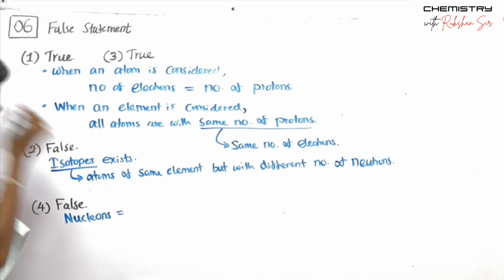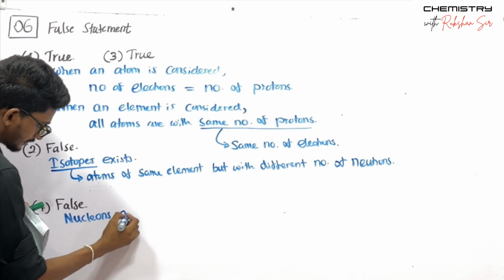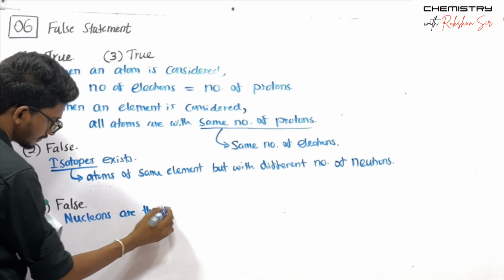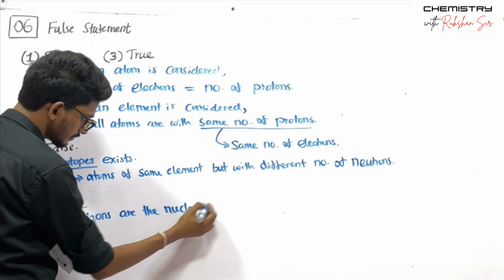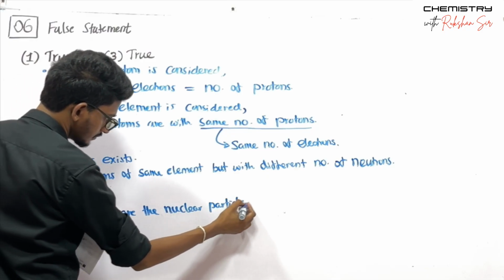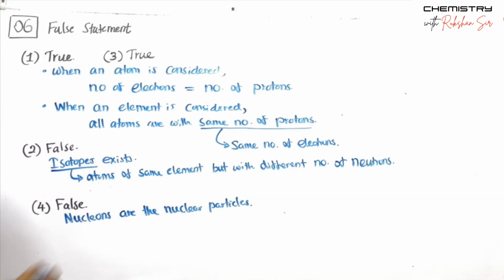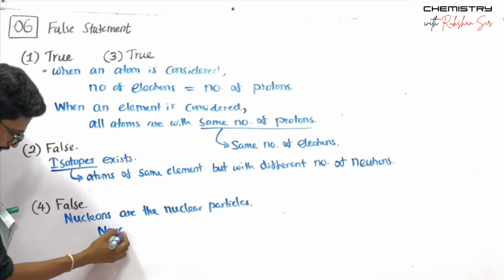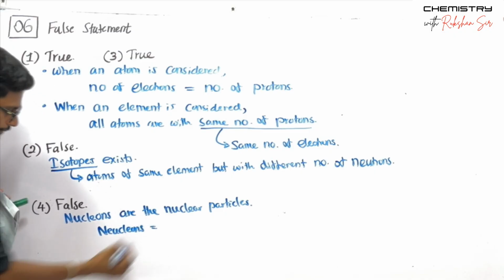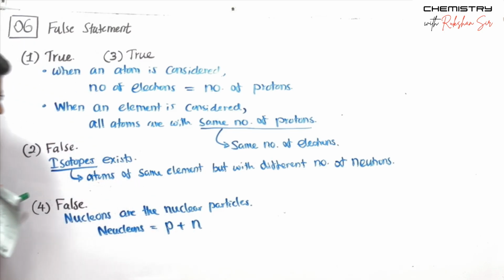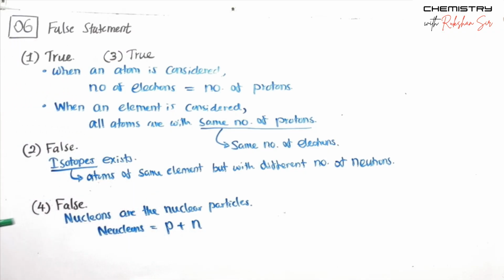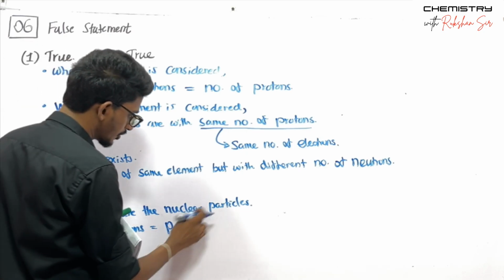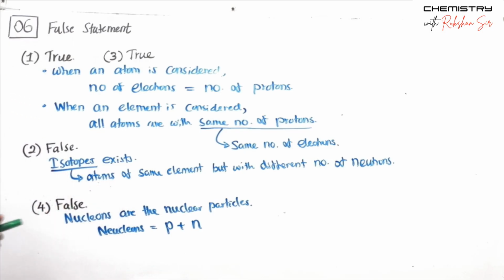Nucleons are the nuclear particles, the protons plus neutrons. But we know with isotopes, the number of neutrons changes. So the number of nucleons will also change.